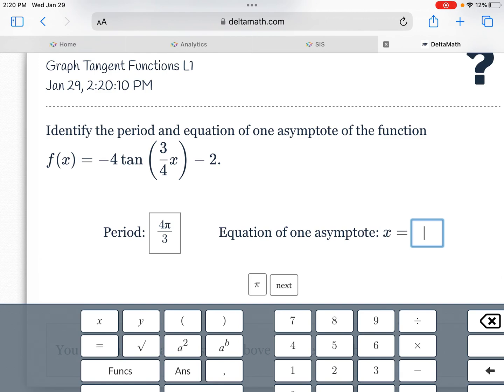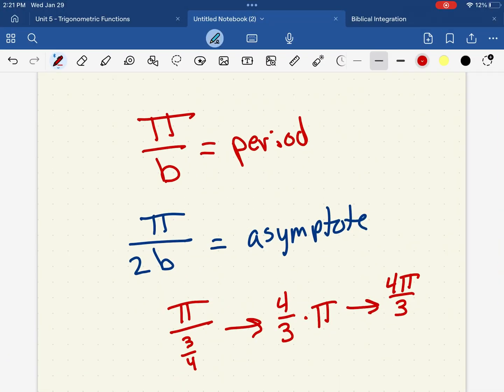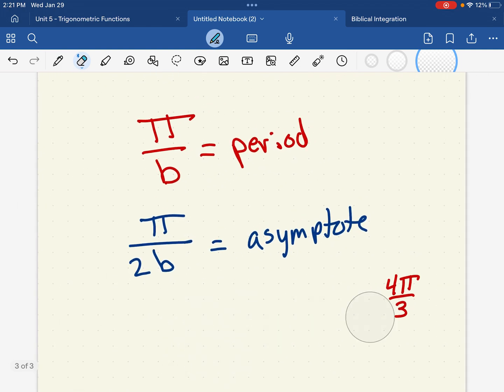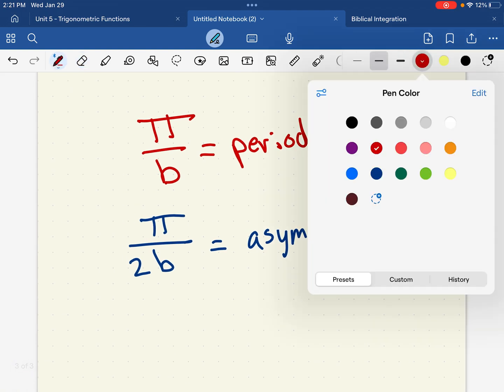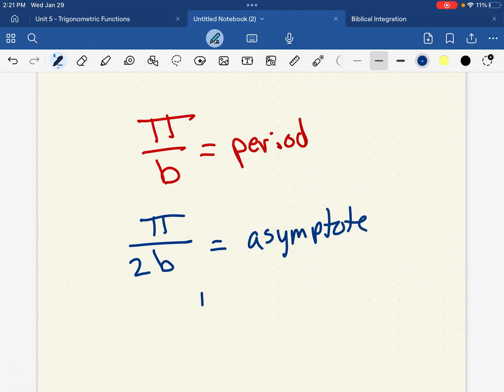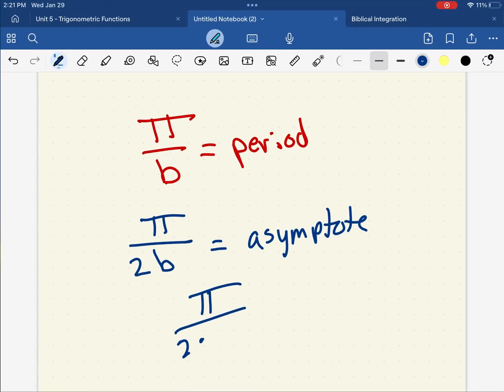And then we do our asymptote. And it's the same concept. It's going to be pi over 2 times, what was that, 3 over 4 was the number in front of x? Yes, 3 over 4. 2 times 3 over 4 is 3 over 2.